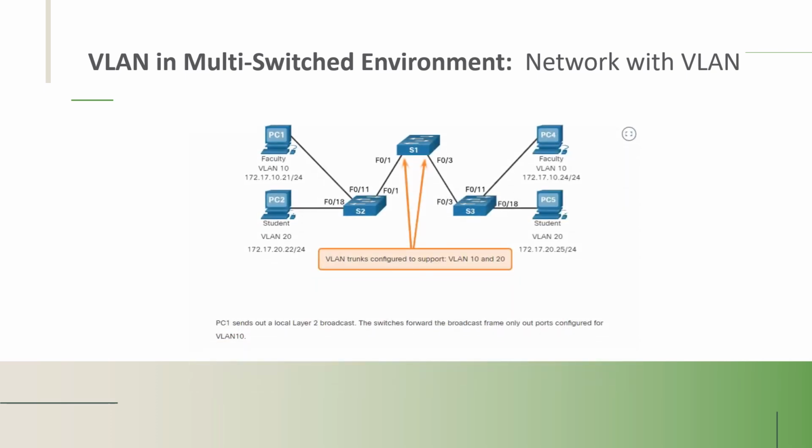Here there is an animation where we can see that the same network has now been segmented by using two VLANs. Faculty devices are assigned to VLAN 10 and student devices are assigned to VLAN 20, as you can see.